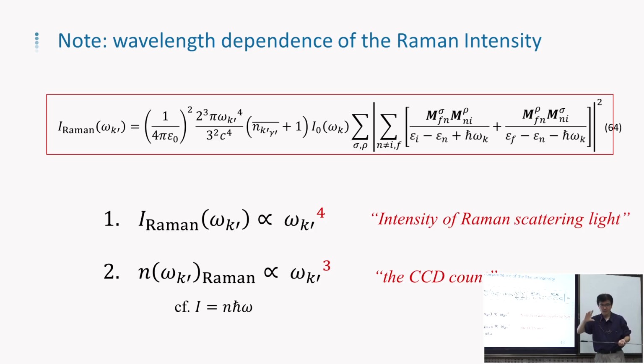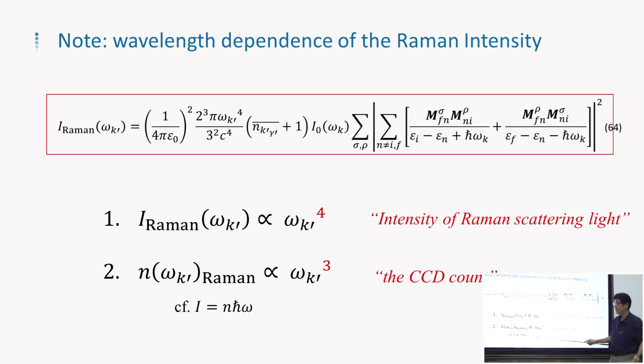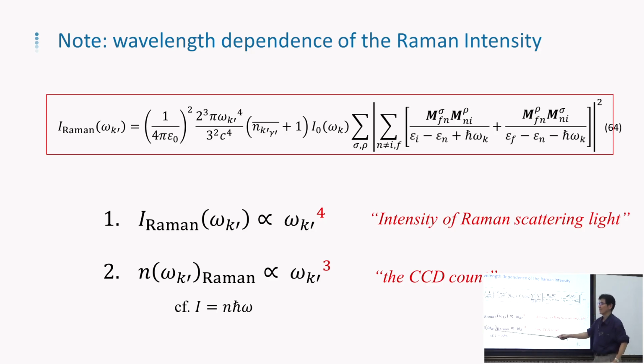So the CCD detector counts the number of photons. In this case, we should consider the relationship between light intensity and photon energy. Intensity has a fourth-power dependence, but considering this relationship, the number of photons in the Raman scattering becomes a cubic dependence. Intensity and number of photons are different, so please consider this relationship.